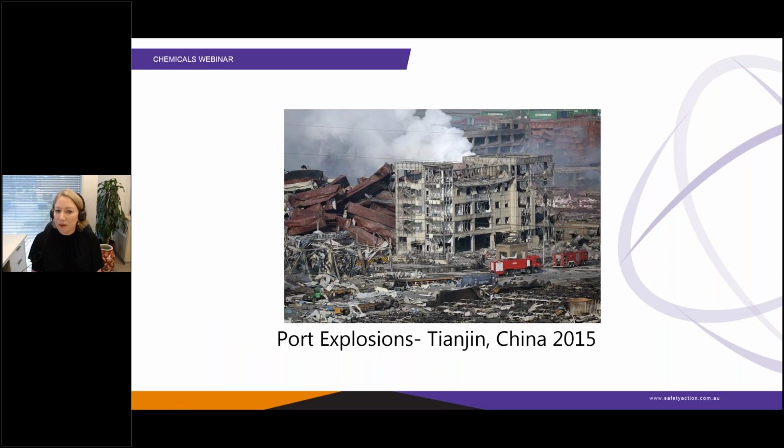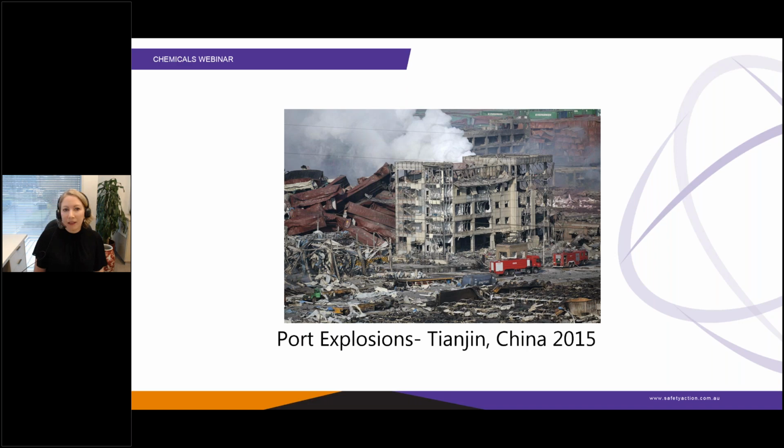So I'm showing you some photos on the screen of an explosion that occurred in Tianjin in China in 2015. In the ports area, various dangerous goods were stored together and they weren't segregated according to class, and the dangerous goods did react dangerously together and resulted in many explosions and fires. Let me zoom out for you.